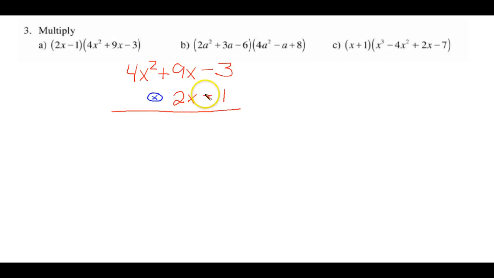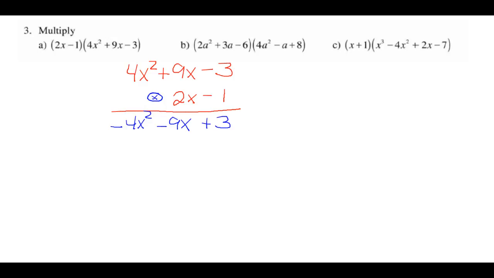So we now are going to multiply a -1 by each of these terms. And basically all it does is change the signs. So this becomes a +3. This will become a -9x. And this becomes a -4x squared.